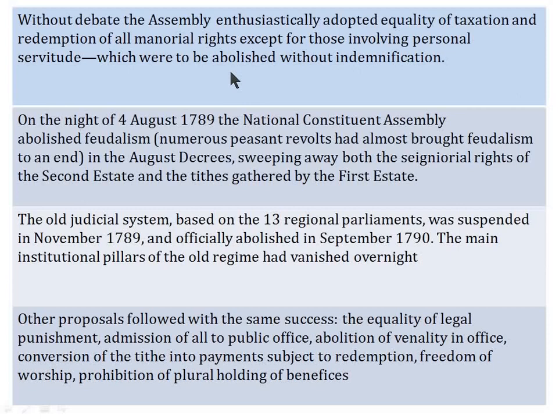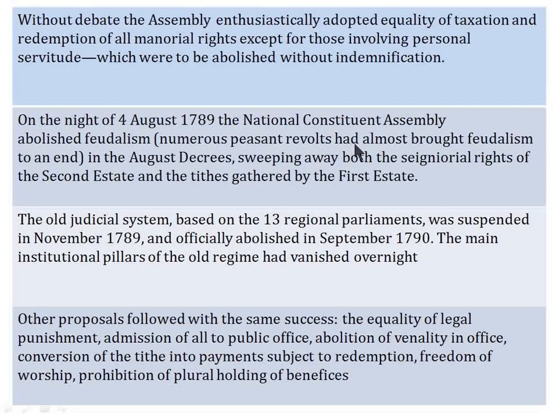So technically this can't be first because they have mentioned "the assembly." There must be the name of an assembly before this paragraph, in the previous paragraph, because whenever we use the word "the assembly," it means that particular thing is already introduced in the previous paragraph. So next, just go with the second one. On the night of 4th August 1789, the National Constituent Assembly, we got the name of that particular assembly, abolished something.